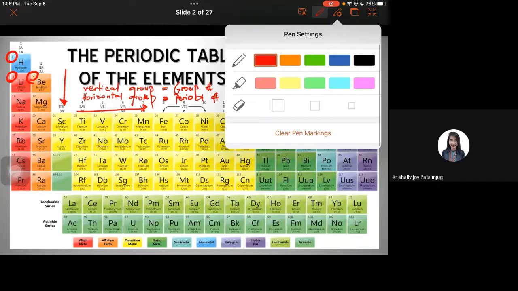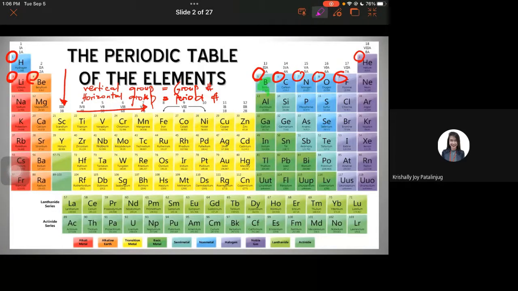What else? Kindly practice also, or be familiar, or have that photographic memory of the positioning of the elements in the periodic table. Let's say when you are asked for the position of the non-metals, they are always placed on the upper right portion of the periodic table. So this part.